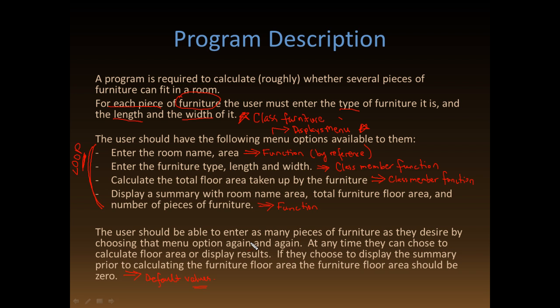Okay, so looking at this, we've got a class structure, we have a function, another function, two class member functions over here, another function, and a loop. So next we're going to look at these functions in a little bit more detail and look at what data needs to go to the function and does the function return anything.